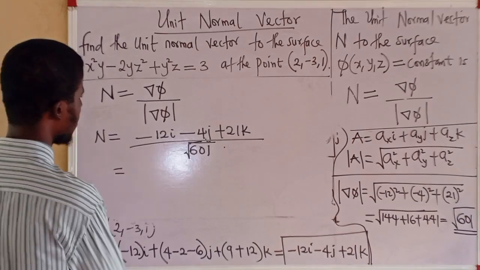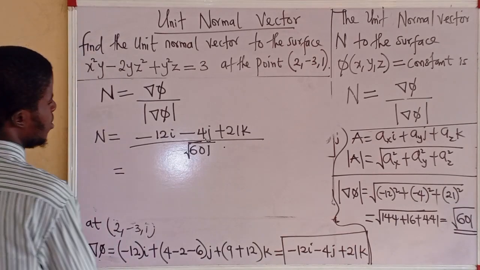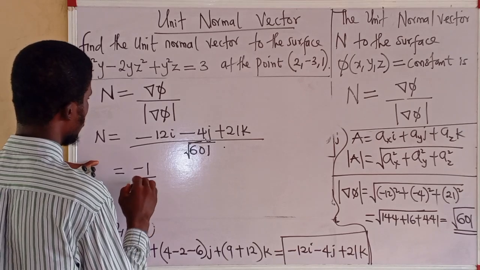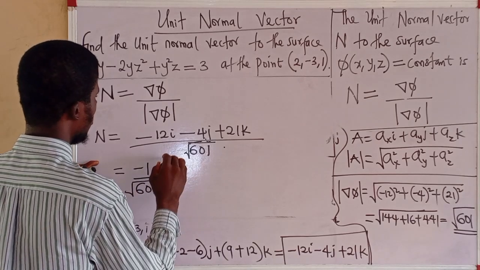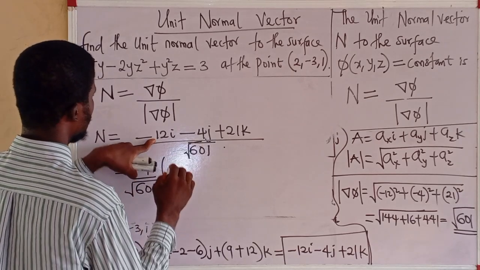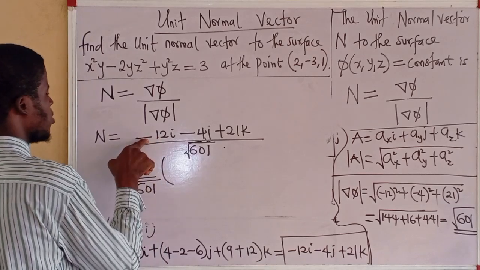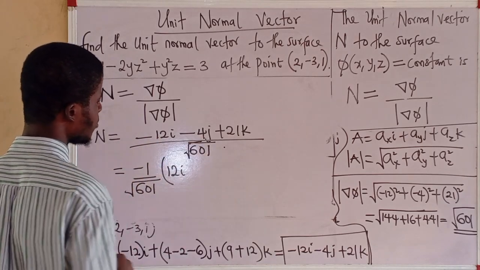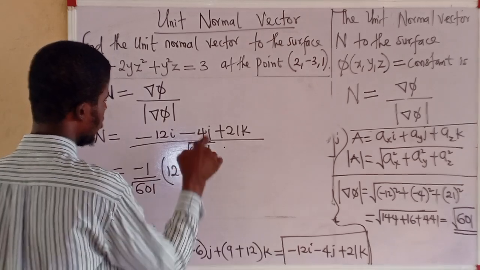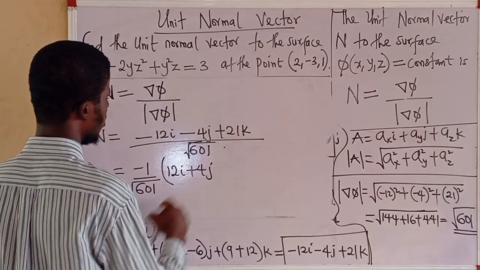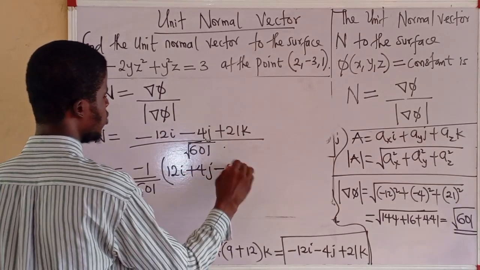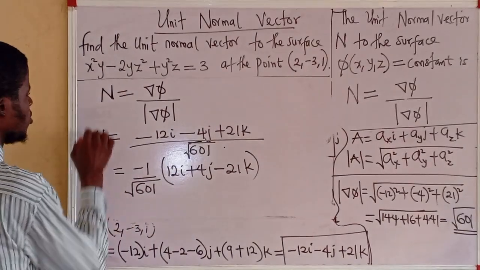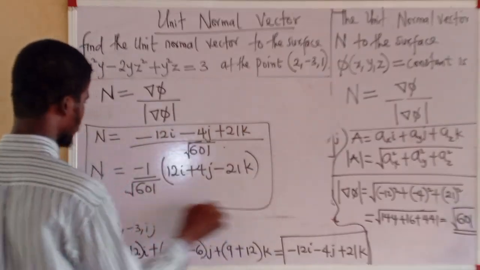What we can see, if I bring out minus 1 over root 601, I'll be having in brackets, this becomes positive because the minus is out. That's 12i. Okay. Then I have plus 4j and this becomes minus 21k. Right, so this is the unit normal vector.